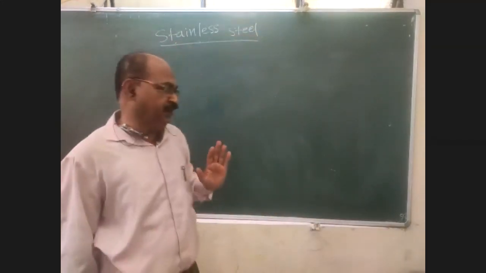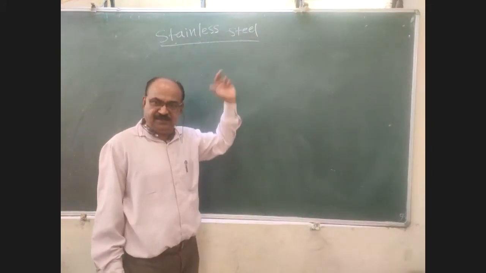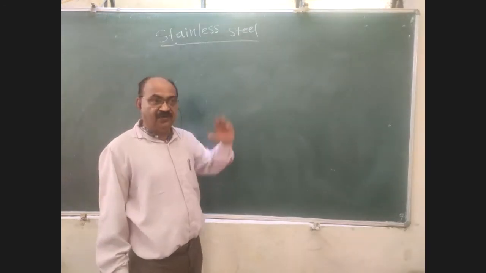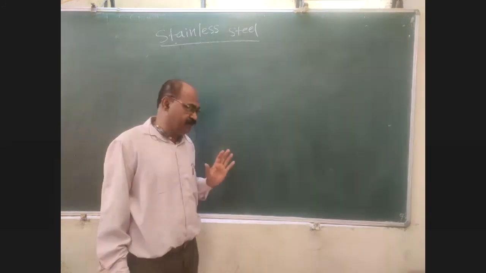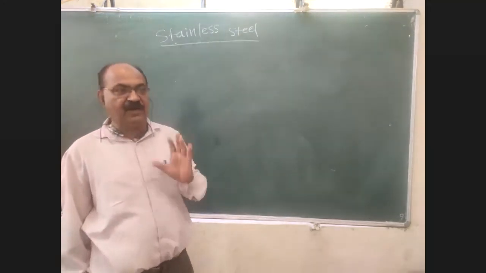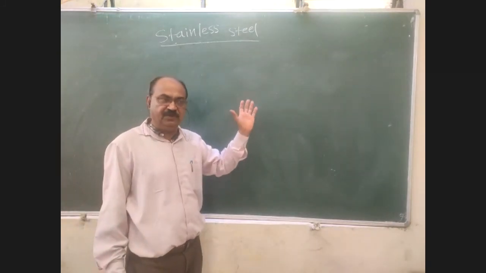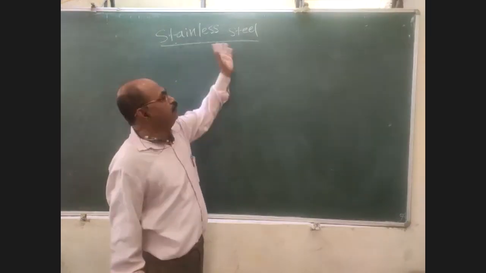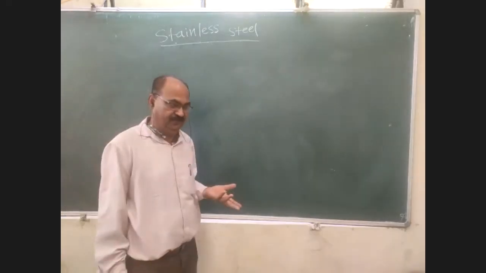Our food processing industry, like the sugar industry, fertilizer industry, chemical industry, pharmaceutical industry, whatever pipes, boiler parts, flowing pipes are used, they are made from stainless steel, because there is no effect of the environment.